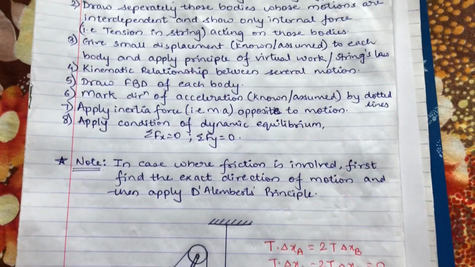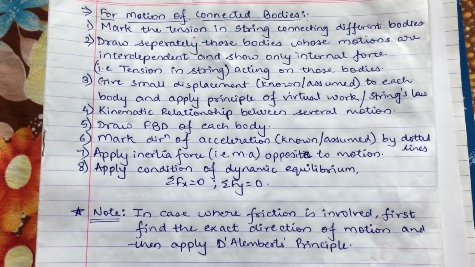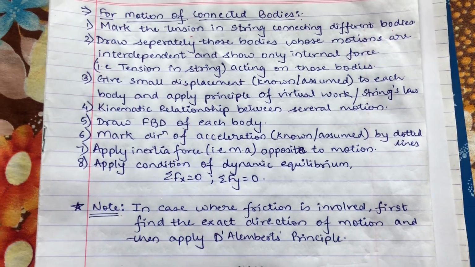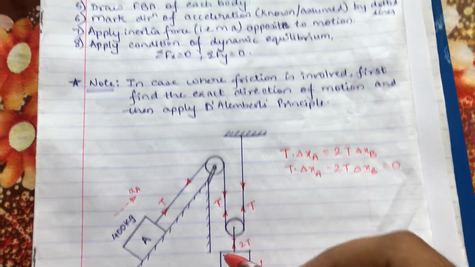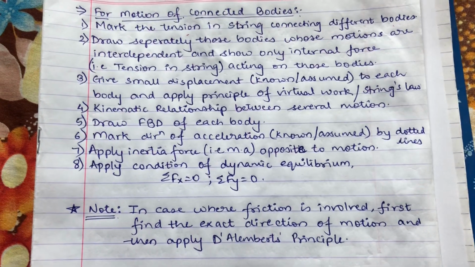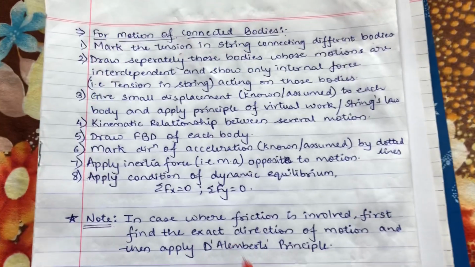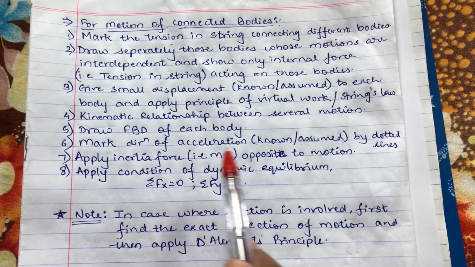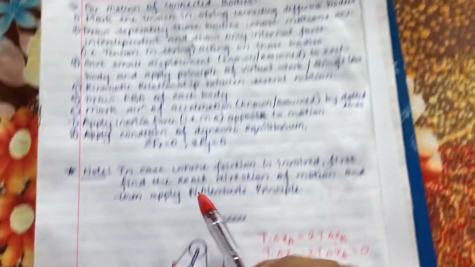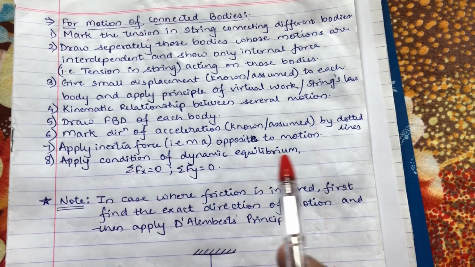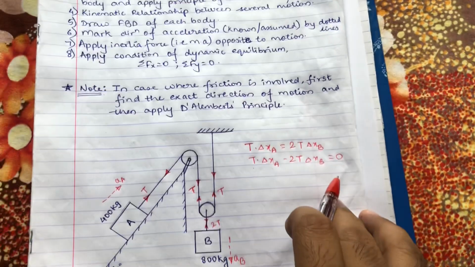Kinematic relationship, basically we are applying all the kinematical equations when we draw the FBD for the separate bodies, which is summation F of x and summation F of y. Drawing the FBD of each body, that you already know. Mark the direction of acceleration, which we have already done here. Then apply inertial force opposite to the motion.